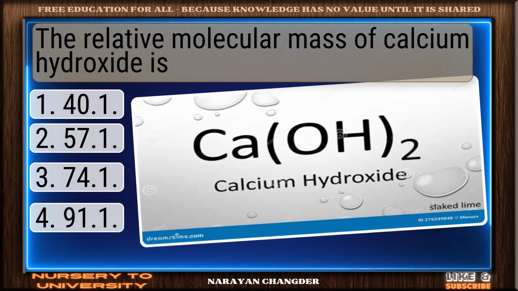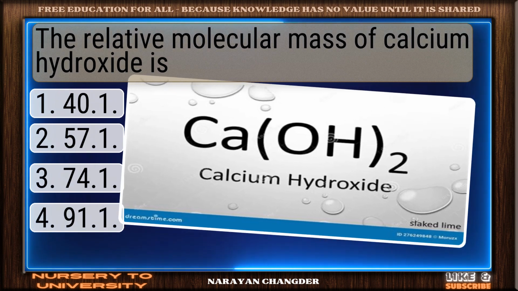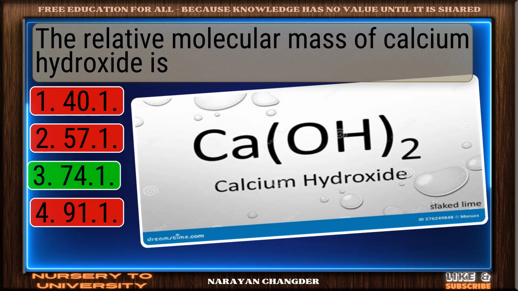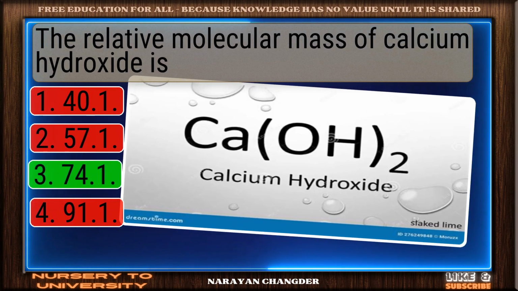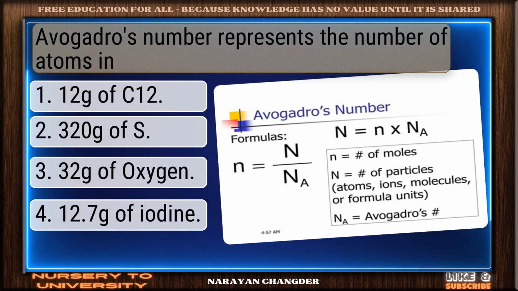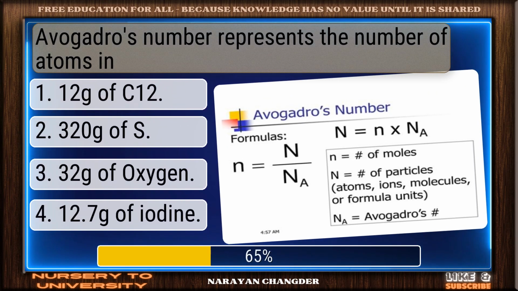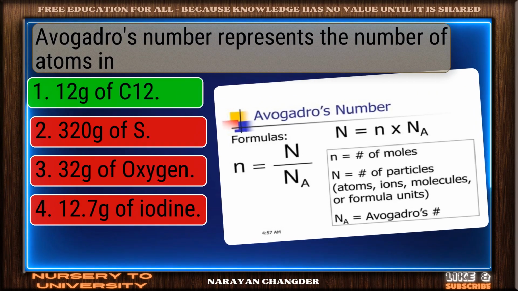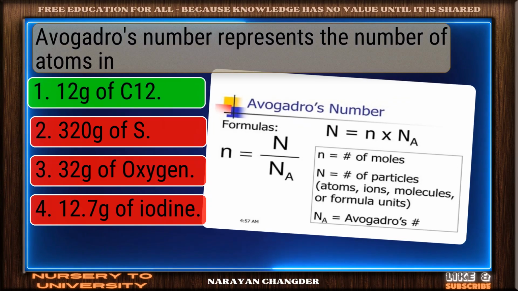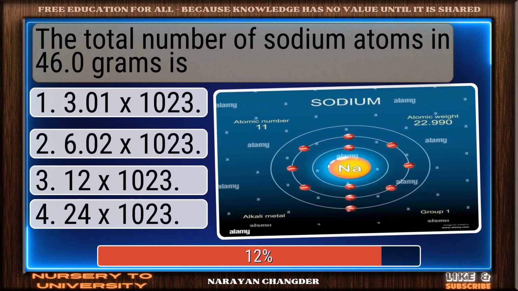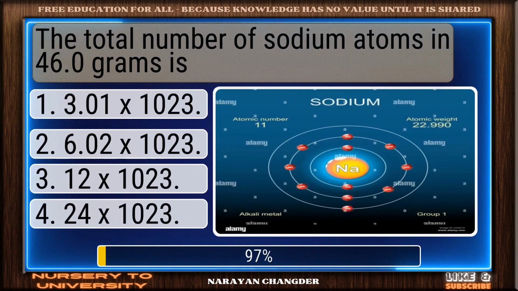The relative molecular mass of calcium hydroxide is... You're right. 74.1 is the correct answer. Avogadro's number represents the number of atoms in... Well done. 12 g of C-12 is the right choice. The total number of sodium atoms in 46 grams is... Nice work.